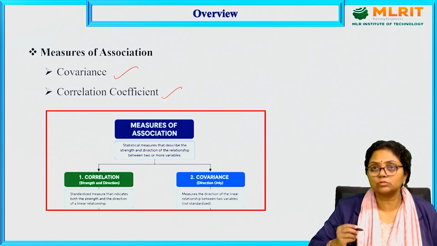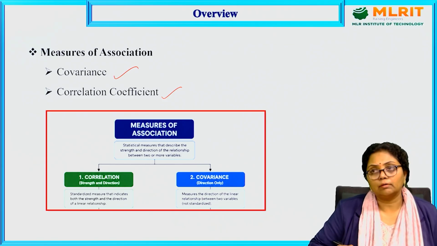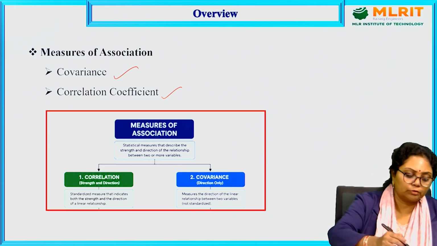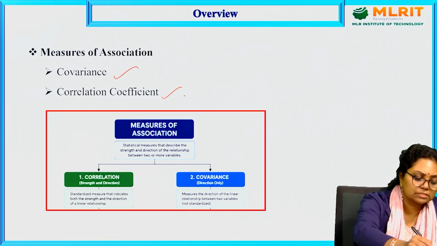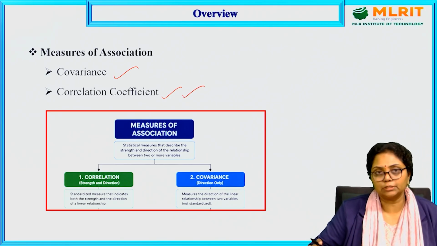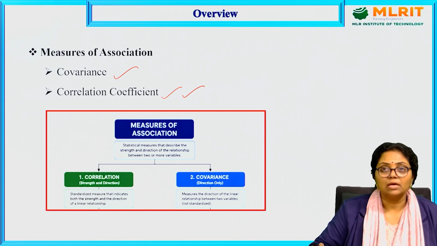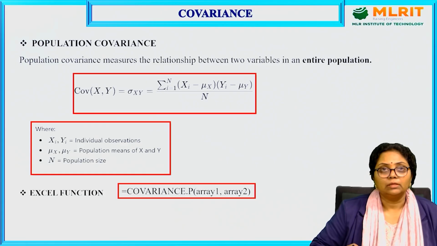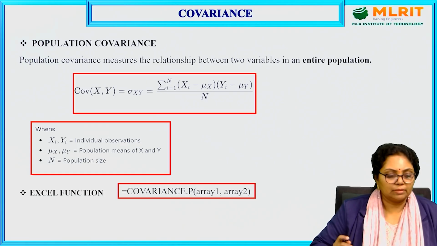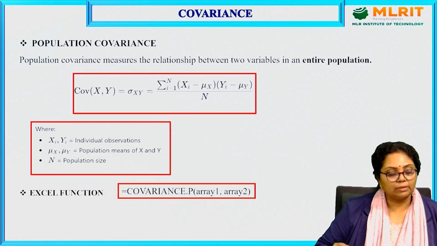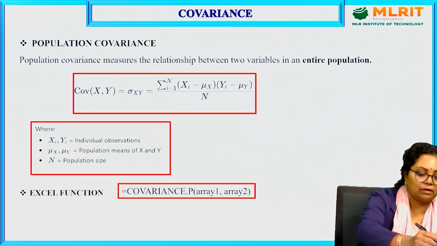Covariance discusses only the direction, whereas the correlation quotient gives information about both the strength as well as the direction of the relationship between the two variables.